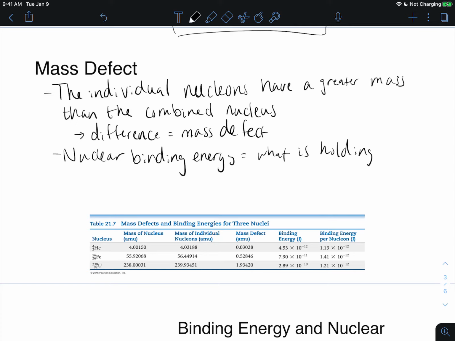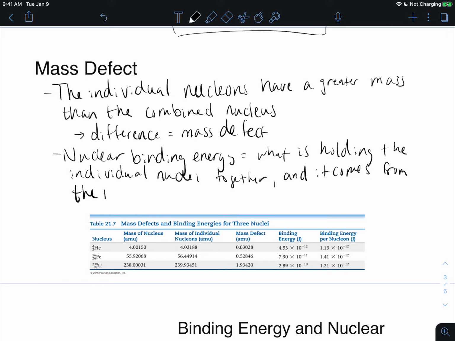So it's what's holding the individual nuclei together. And it comes from that mass defect.